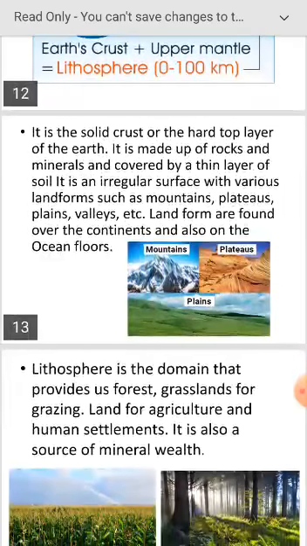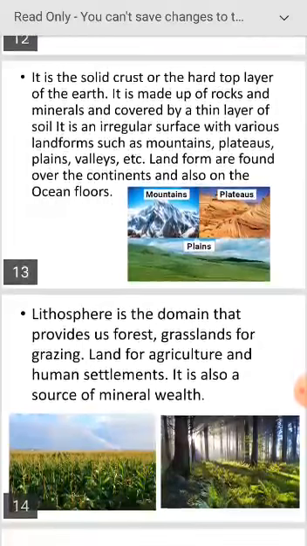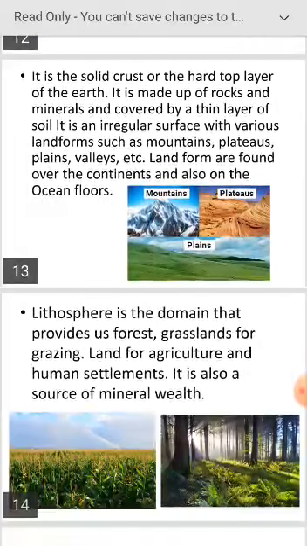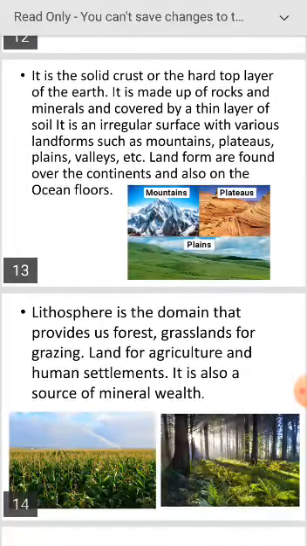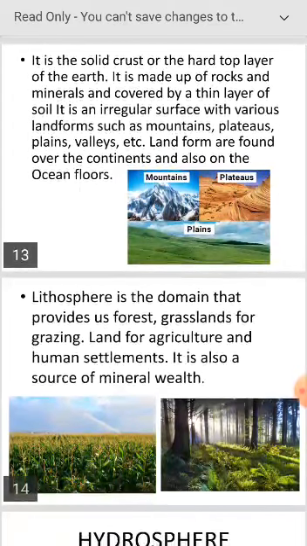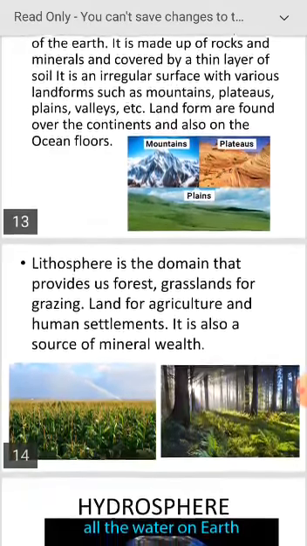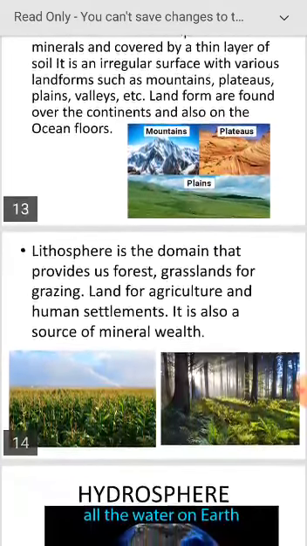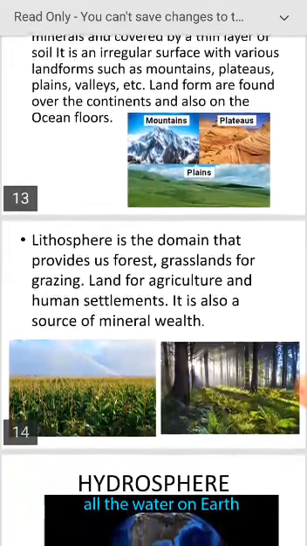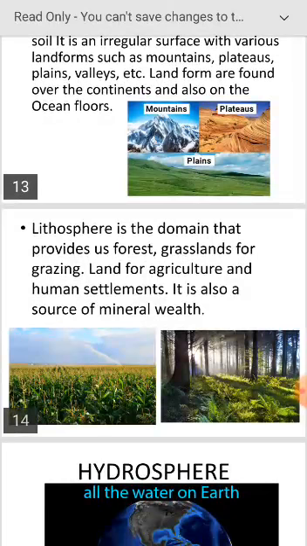It is made up of rocks and minerals and covered by a thin layer of soil. It is an irregular surface with various landforms such as mountains, plateaus, plains, valleys, etc. Landforms are found over the continents and also on the ocean floor.